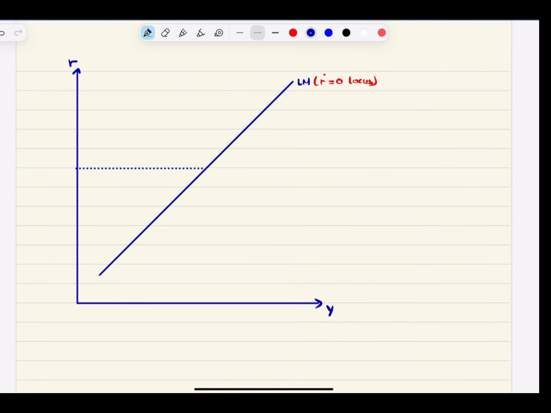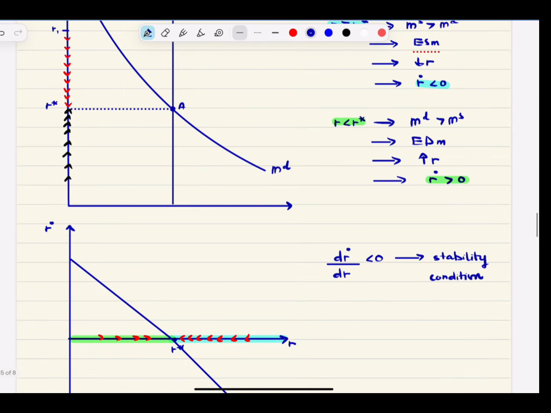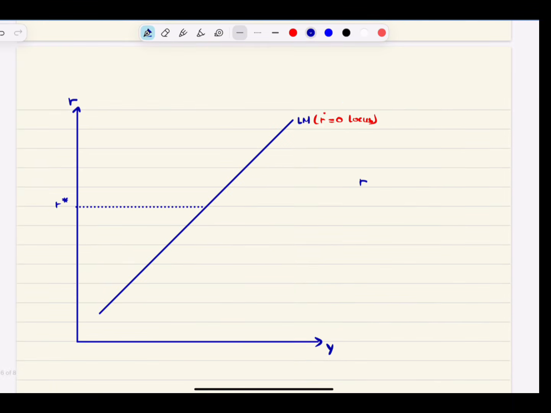Let's take an arbitrary point. Let's say this is R star. We just wrote down these conclusions. I'll write it down again: whenever R is greater than R star, we have a scenario where R dot is less than 0, so basically along this line we're going to have a decrease, and whenever R is less than R star, interest rate is going to rise.